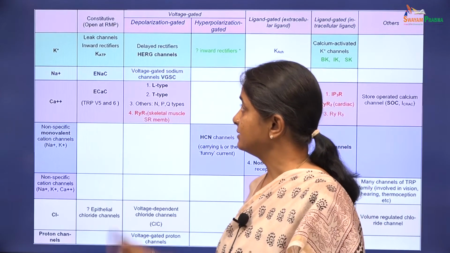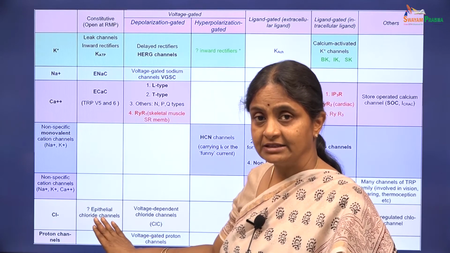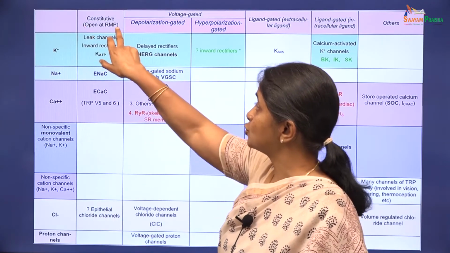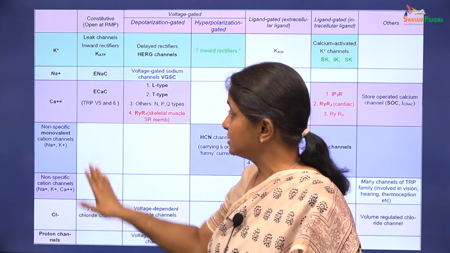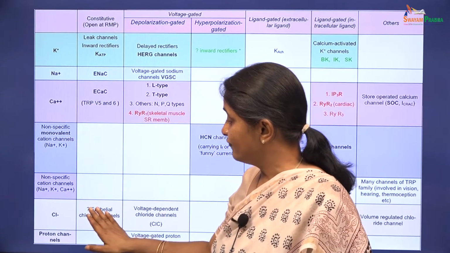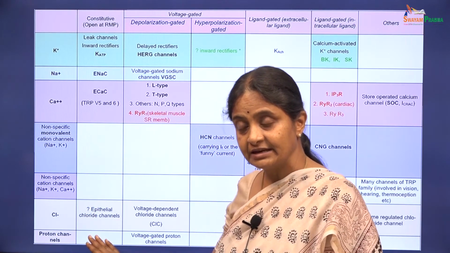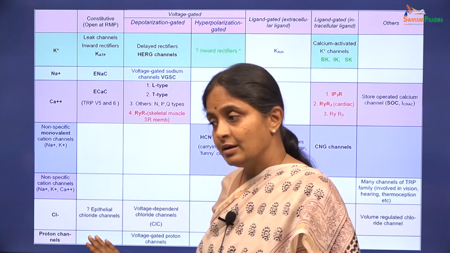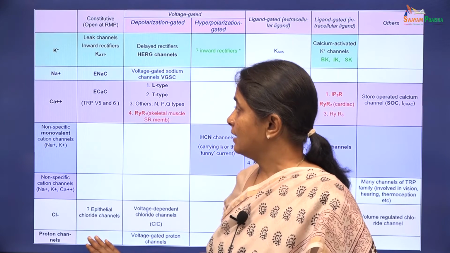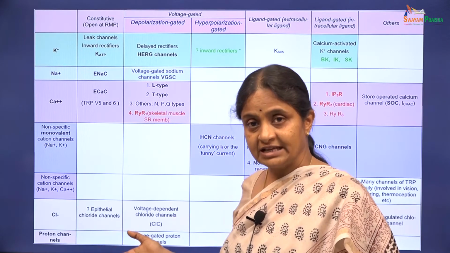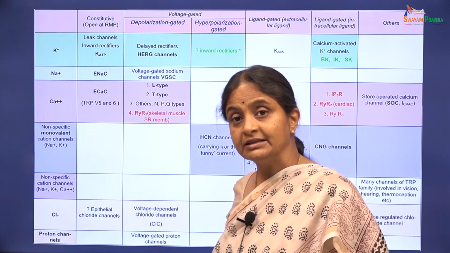Now, you would wonder about these other ion channels that are listed here, which are also open at resting membrane potential. Now, notice that all these are found only in the epithelial tissue, in the renal epithelium and the intestinal epithelium, located there for absorption of these ions. They are not present in the excitable cells of your body and the other cell types other than epithelial cells.